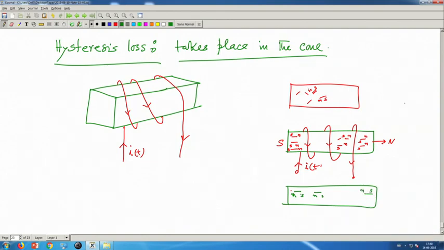So, each one will move and finally, they will align, provided you reverse the direction of the current. These are very basic.